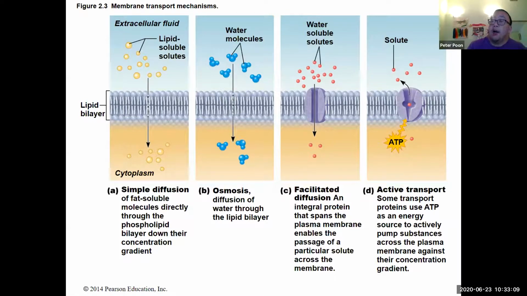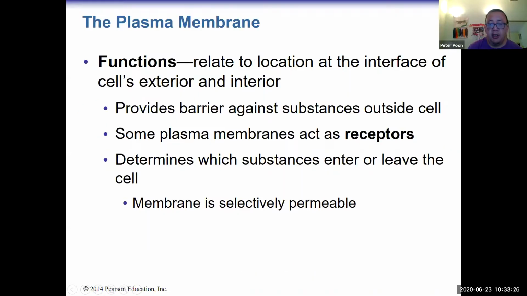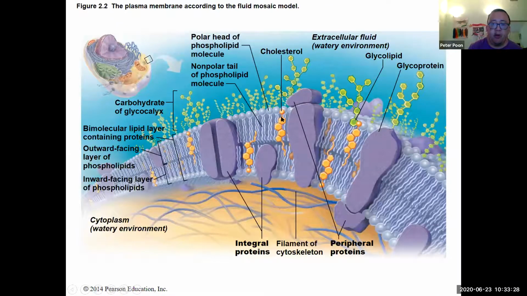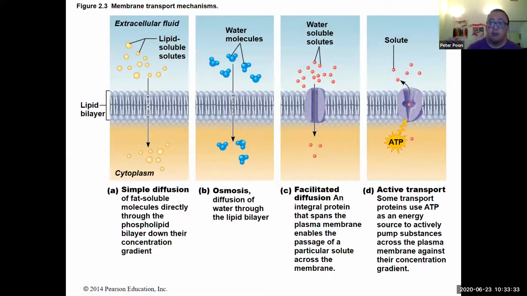Facilitated diffusion. There are molecules here that are too big to come across the membrane on their own. So you have proteins with a little pore, and you can see one of those in the picture here, a protein with a little pore in the middle. The protein is designed to allow these little red dots to pass from one side to another, and only those red dots.